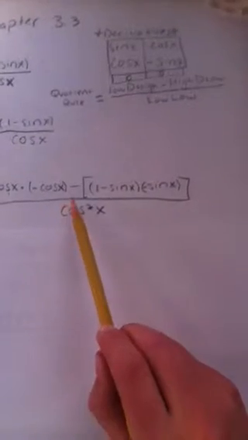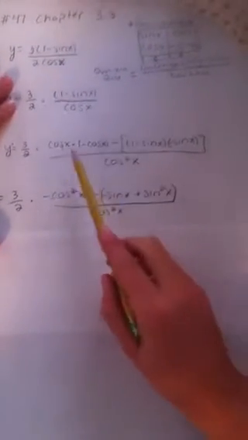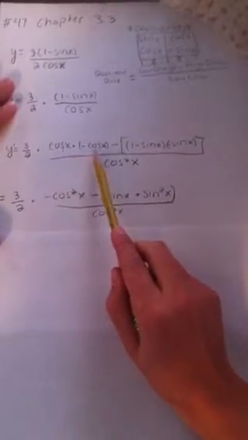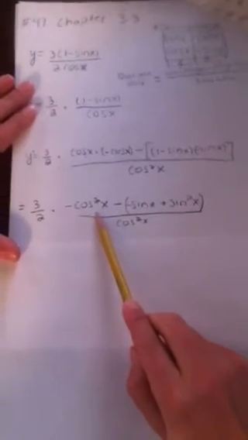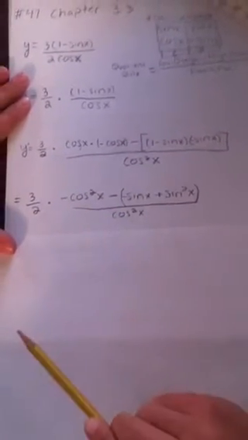It is important to put the second term in a bracket to remember to distribute the negative sign into it later when you're simplifying. Next, you simplify. Cosine x times negative cosine x will turn out to be negative cosine squared x.